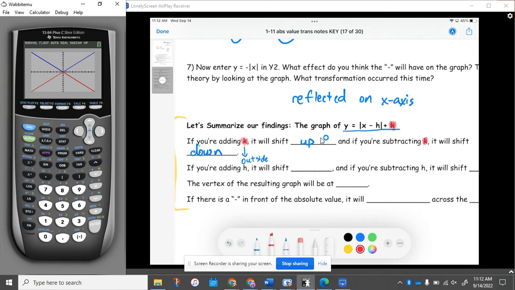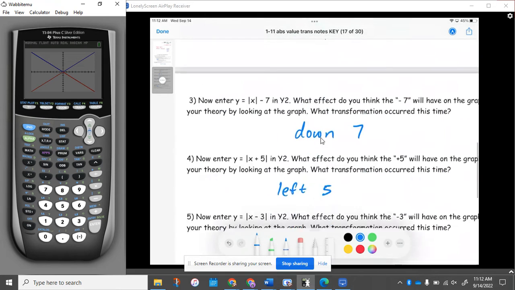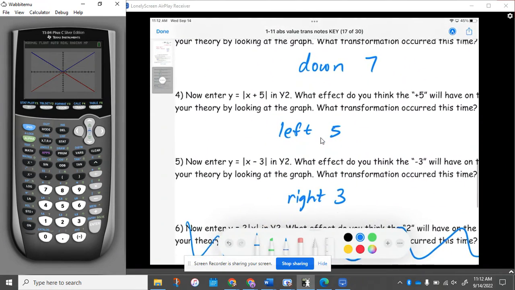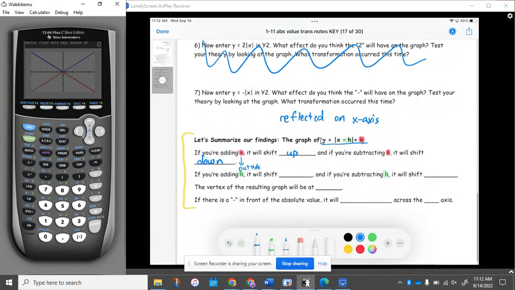Now let's talk about h. H is this thing that's on the inside right there. This time if you're adding h, it shifts just like on this problem up here. If you're adding a number on the inside, it shifts to the left. And if you're subtracting a number on the inside, it shifts to the right.